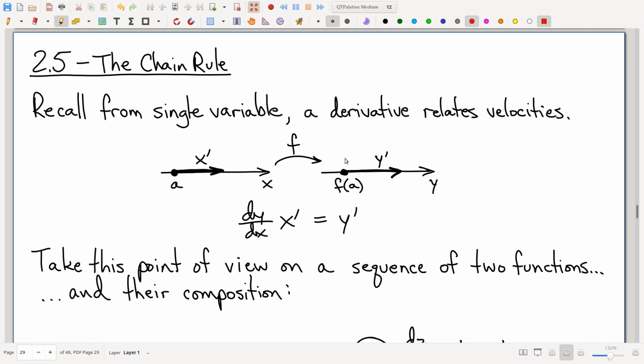So anyway, I am going to give you a certain point of view on the single variable chain rule. I assume that y'all know the single variable chain rule. Make sure that you do. That's certainly not the point of what I'm doing here. The point is to take a particular point of view on the single variable chain rule.